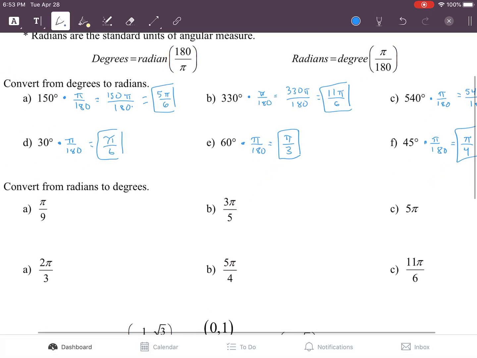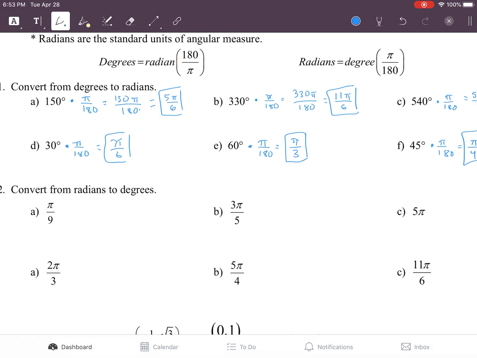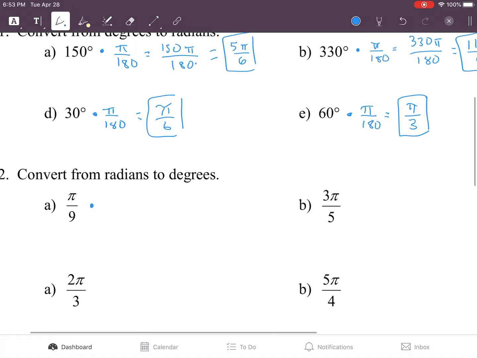Now we're going to do the flip side of that: converting radians to degrees. If you want degrees, you take the radian and multiply it by the reciprocal of what we just did, 180 over pi. So we have pi over 9. We multiply that by 180 over pi. The pi's cancel out, and you get 180 divided by 9, which is 20 degrees.